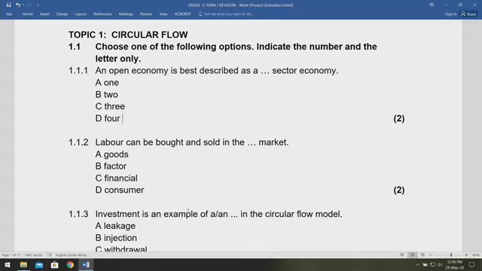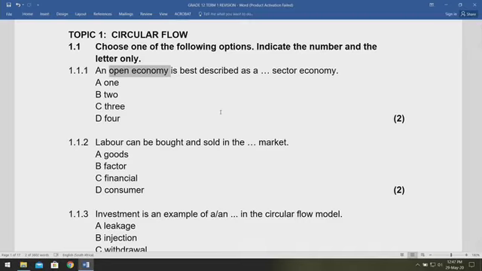So by now, you should already know how to answer this with the number and only the letter next to it, because you've been doing this since grade 10. So we see here, when you're doing multiple choice questions, you look at the statement that's been given and you look for any things that can give you any clues within the statement.